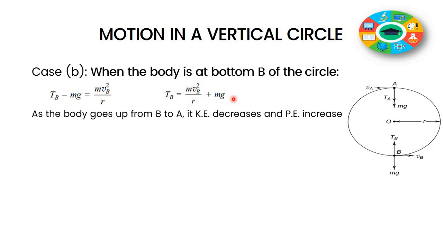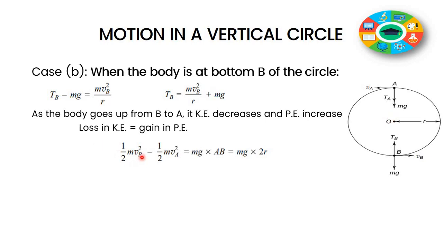Now, if the body goes from bottom to top, here the kinetic energy is more and here the potential energy is more. So the kinetic energy decreases and the potential energy increases from this point to this point. So loss in kinetic energy is equal to gain in potential energy.